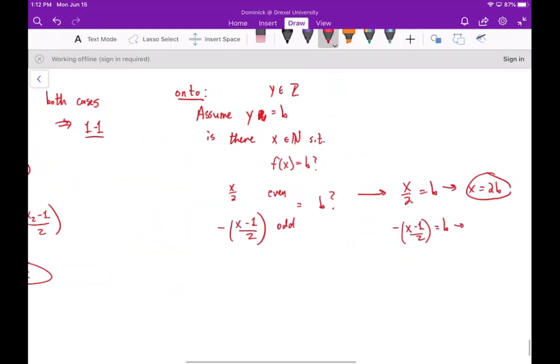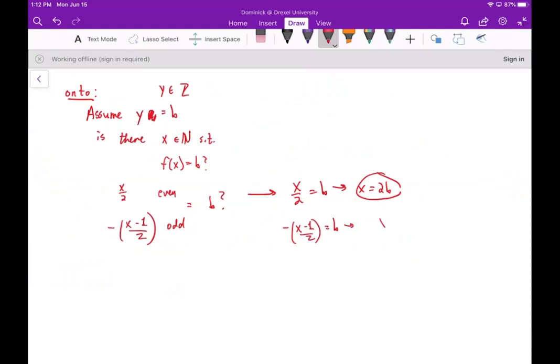And it looks like that would give me x minus 1 is equal to negative 2b, if I multiply both sides by -2, and then I would get x is equal to negative 2b plus 1. And it looks like this would work for b being positive. That would give me all the positive natural numbers.